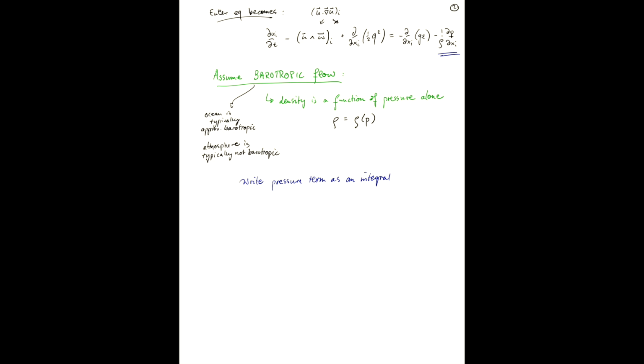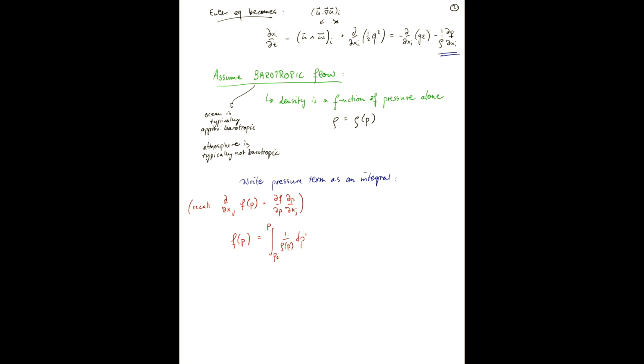And in order to do that, let's just recall the chain rule for a partial derivative. Recall d by dxj of some function f of P can be written as df dP times dP dxj. And so let's say our function f of P in our case here is the integral from some reference pressure P0 to P of 1 over rho, 1 over the density, dP'.